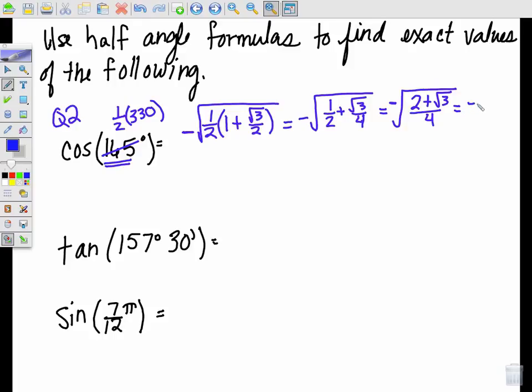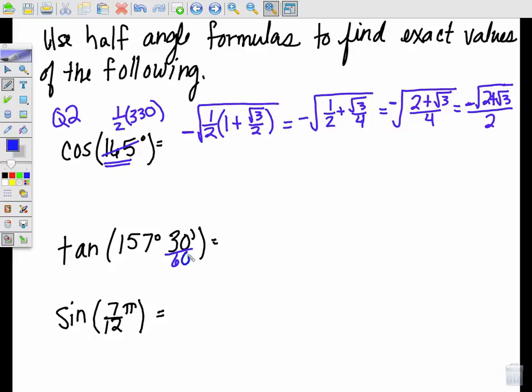Well, I can simplify that with the square root of 4, so I have negative square root of 2 plus the root 3, and that is all over the square root of 4, which is 2. And really there's not a whole lot else that I can do with that expression, so that's my final answer.